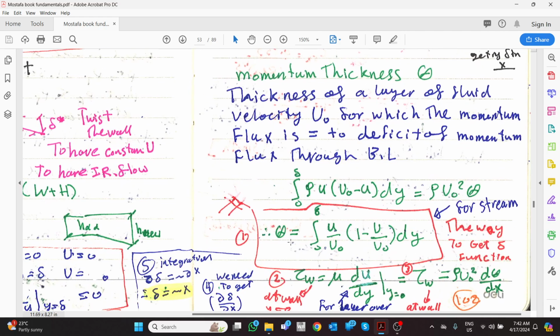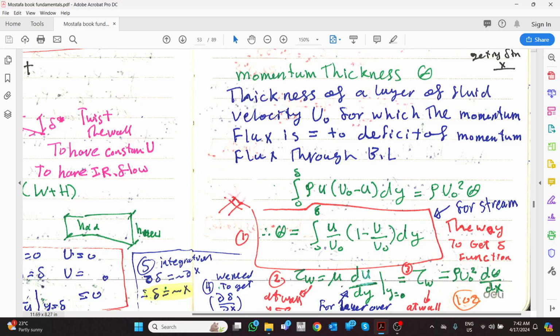First, you need to define or plug in theta, which is the momentum thickness formula. Second, you need to identify that the shear stress from viscosity on the wall is this one. When you apply y equals 0, you need to make this term equal to this term.